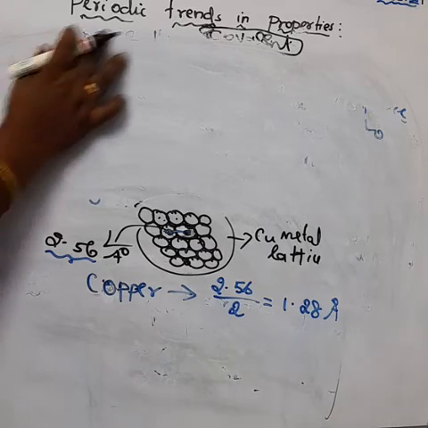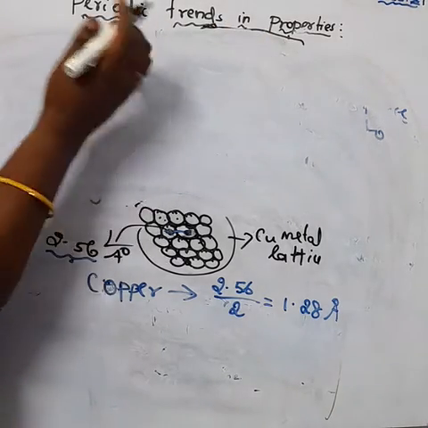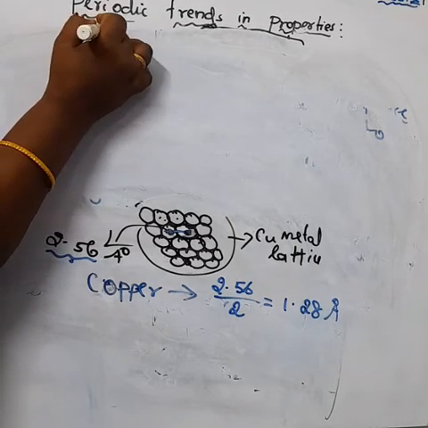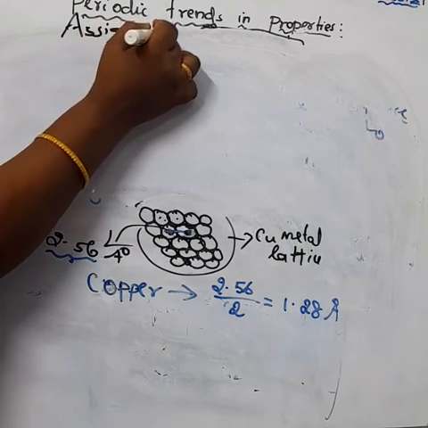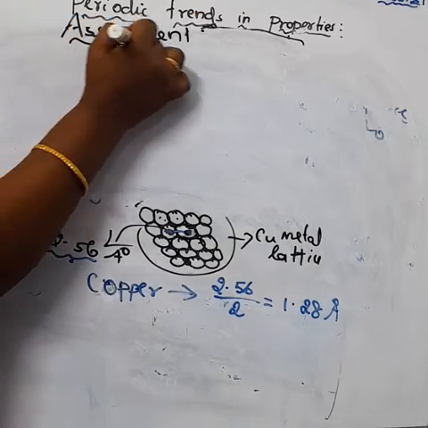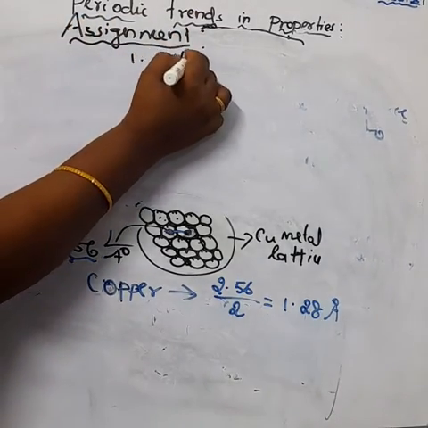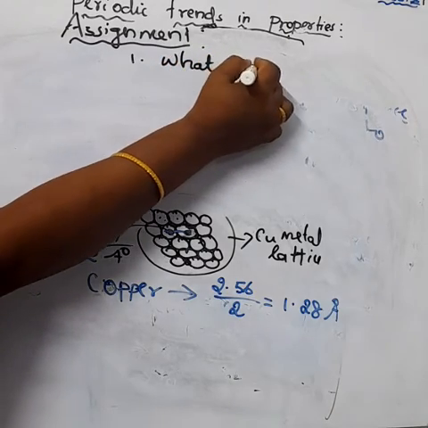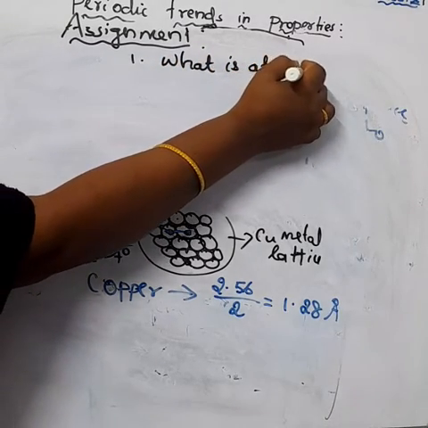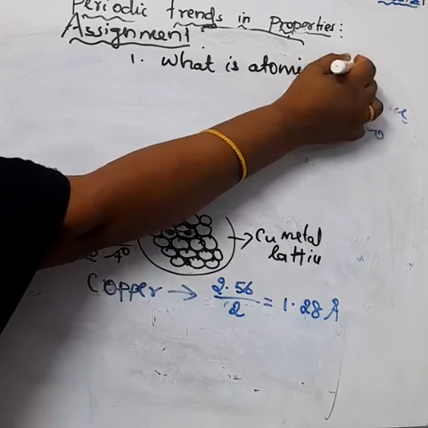Okay, students, today your assignment: 3 simple questions I will give today. Question number 1, what is atomic radius? Question number 2, what is covalent radius?